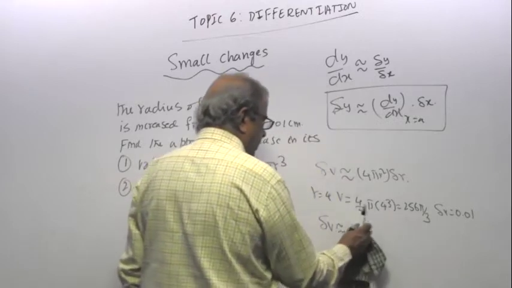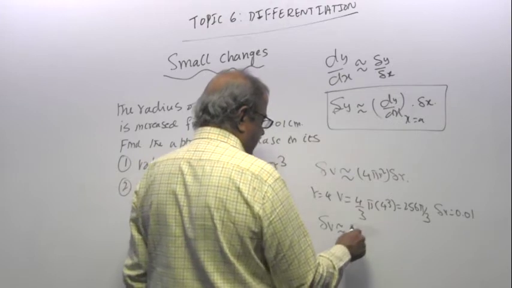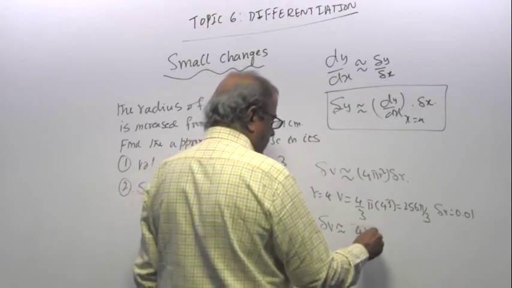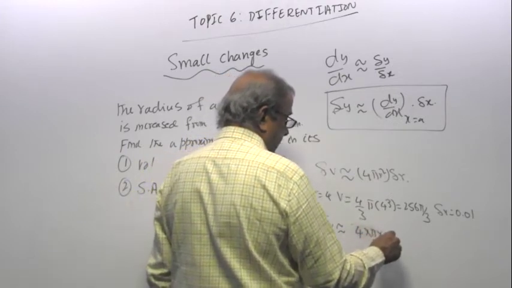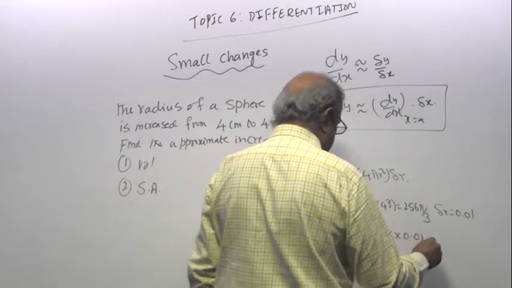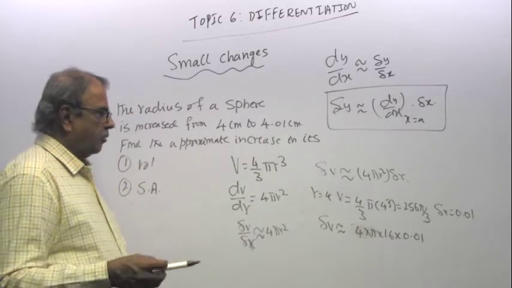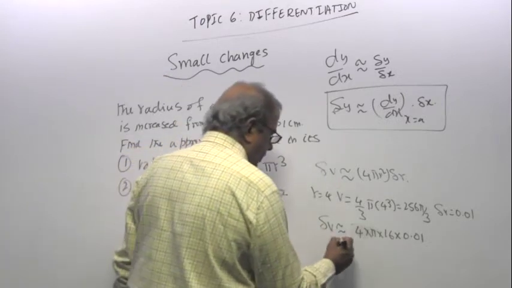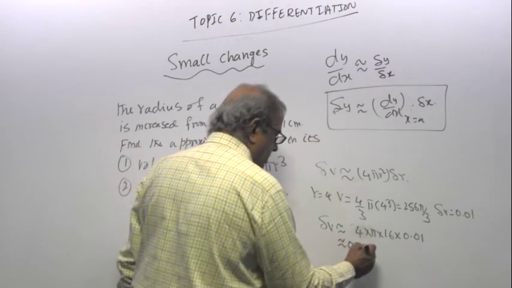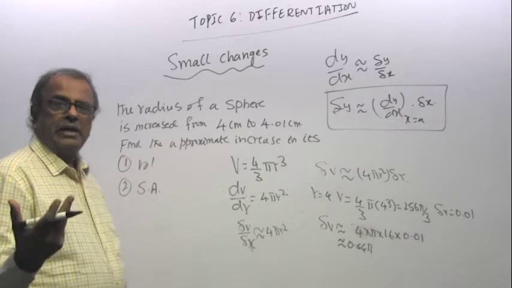Sorry, I don't need it. I just found it. Doesn't matter. It is 4 times pi times 16 times delta r, which is 0.01. Whatever the answer is, 64 pi, so 0.64 pi. So if you remember, it depends upon what the radius is at a particular moment.